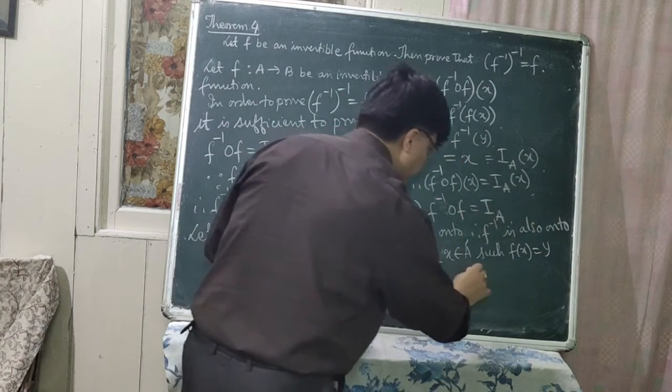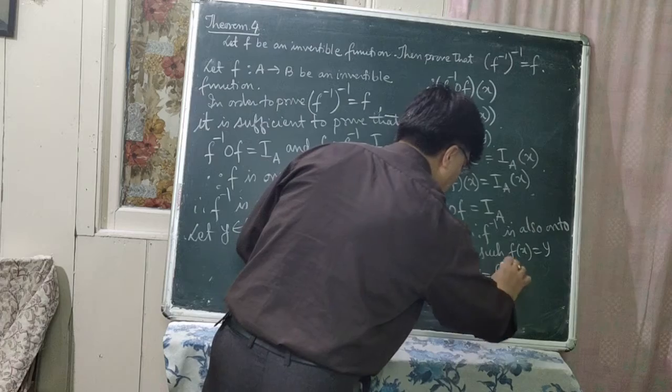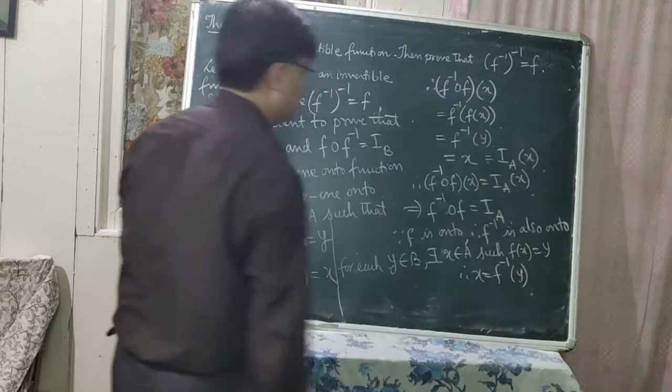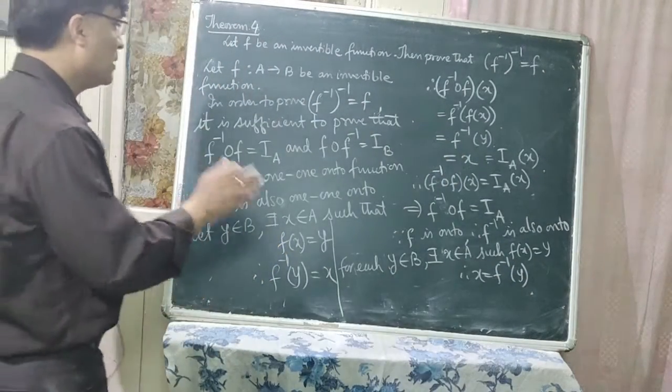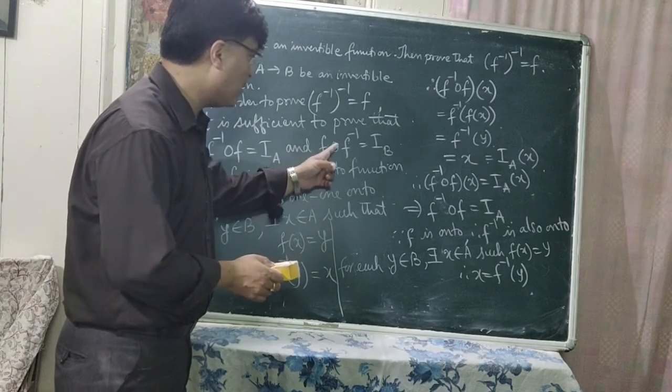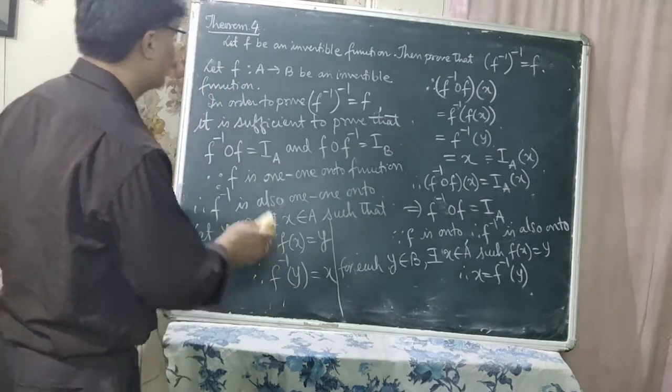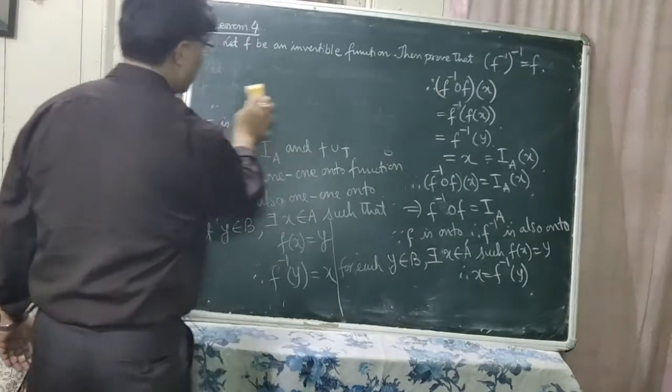Okay, that is x is equal to f inverse of y. Is that clear? Now we will prove this relation: f of f inverse is equal to IB. Okay. So now let us prove it.